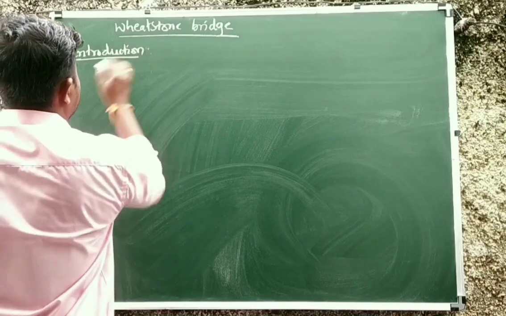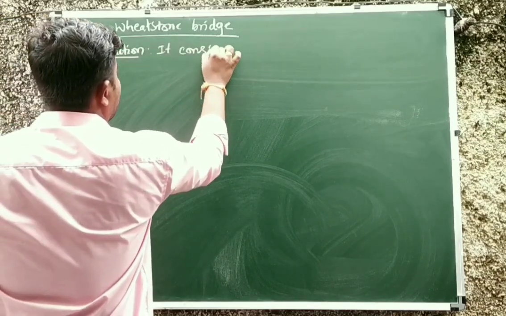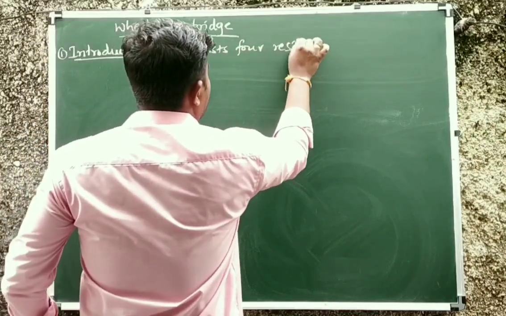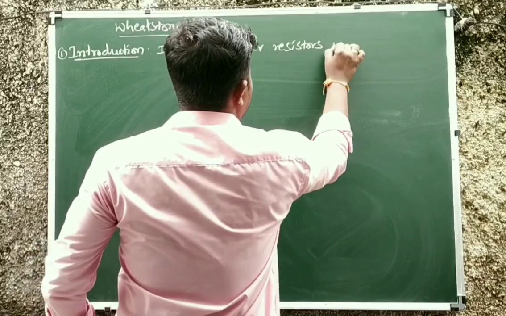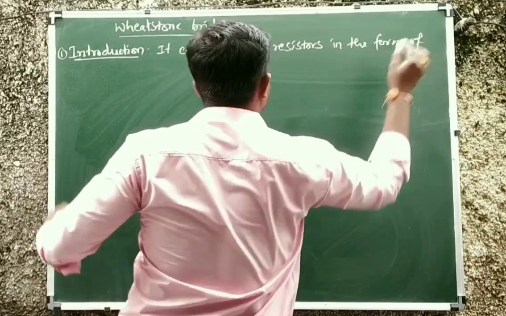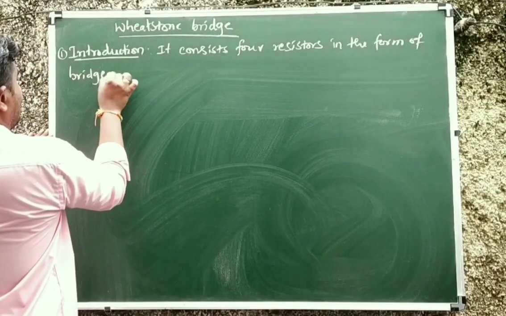Introduction. It consists of 4 resistors in the form of a bridge.